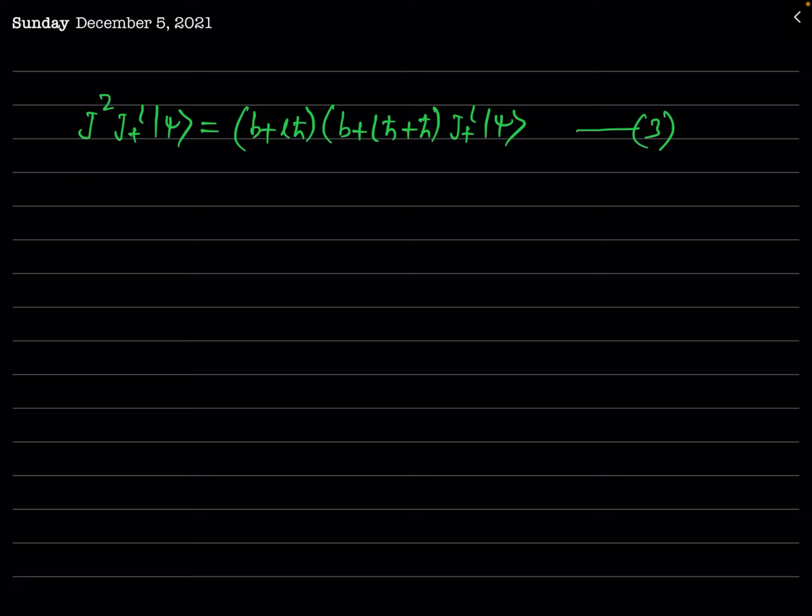So you can see here this J plus L ket psi is actually the eigenvector or eigenstate of this operator J square, and this factor is actually the eigenvalues of this operator J square, and this is again the eigenstate.